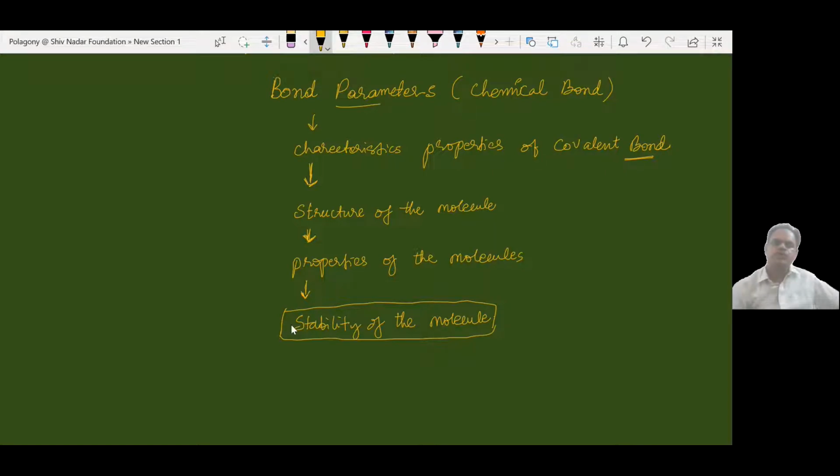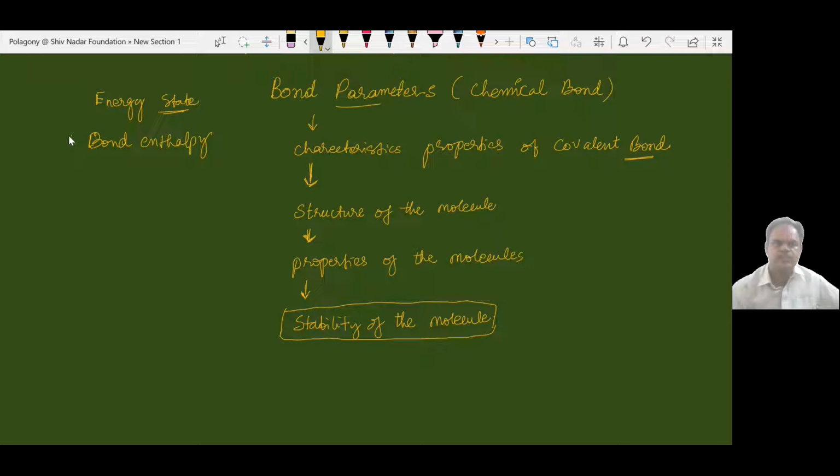And if we want to know about the stability of the molecule, then we must know about the energy state of the molecule. To understand this energy state, we must know about bond enthalpy, bond dissociation energy.